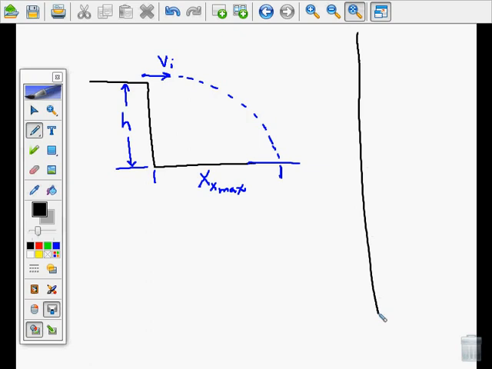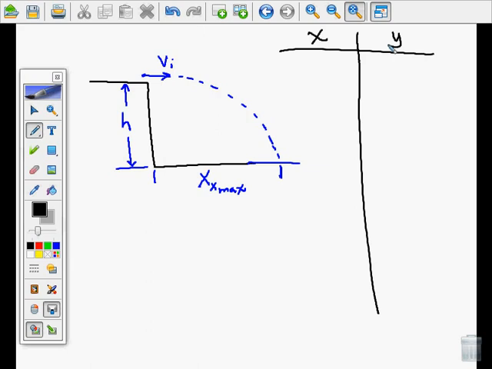Every piece of data and every formula should be written on one side or the other. One side represents the horizontal motion, the other side represents the vertical motion. Both of these motions are occurring simultaneously, but they act independently because they're at right angles to each other.